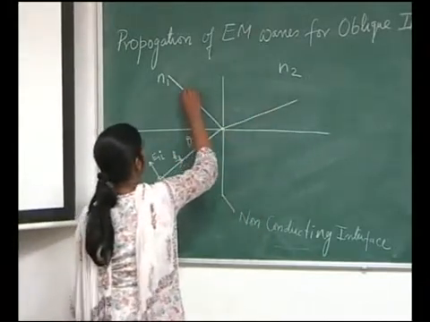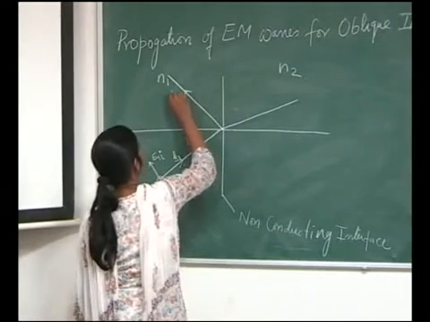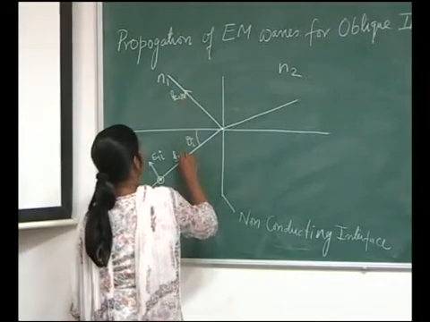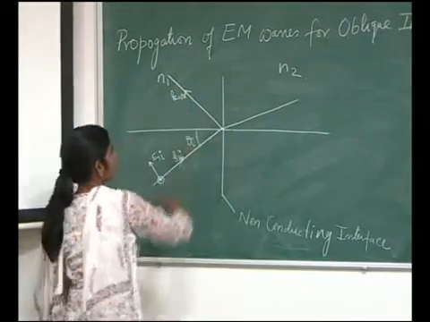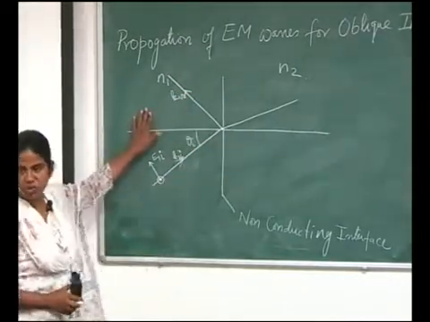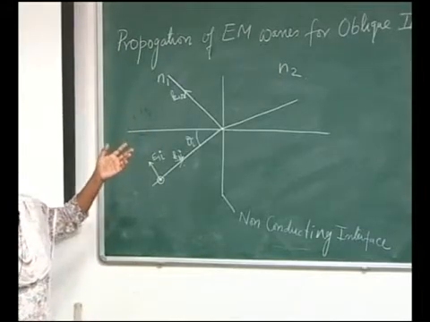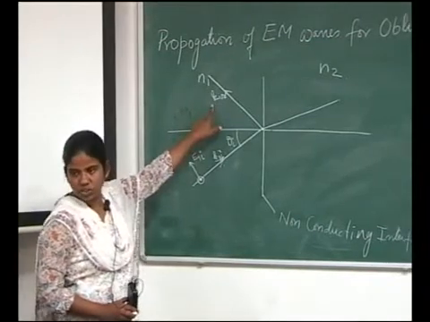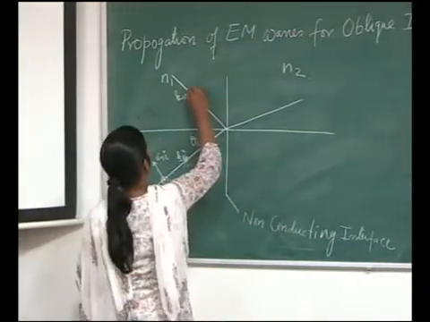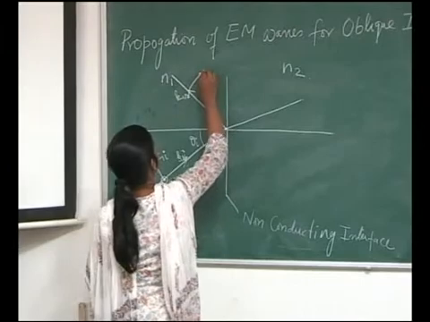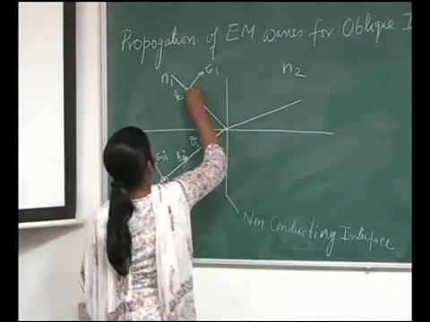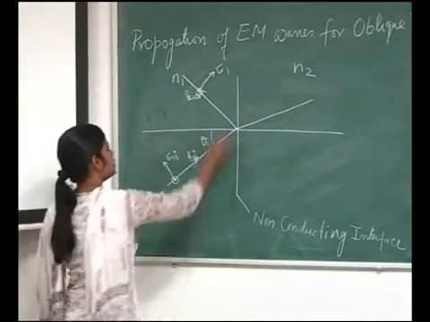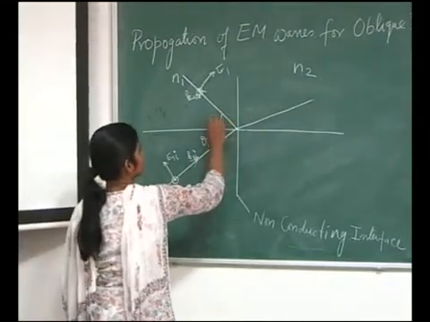This is the direction K1R. Because the medium is the same here, the value of the propagation constant will not change, only the direction will change. And here I have E1R, and again the magnetic field is out of the board, and this angle here is theta R.